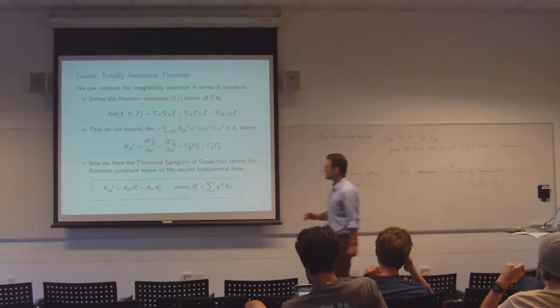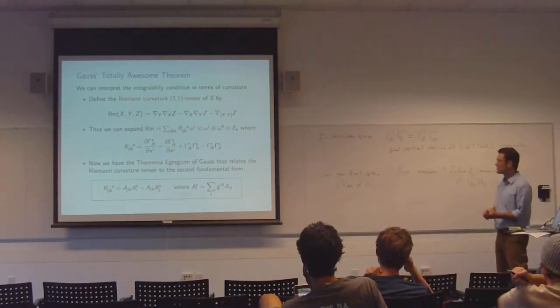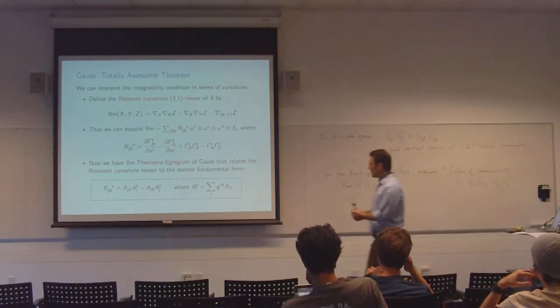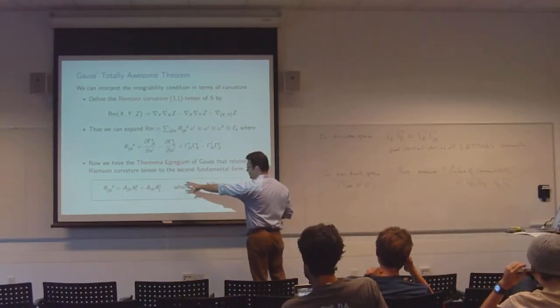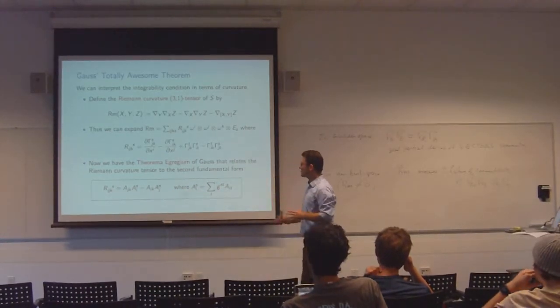Now the third point on this slide is a third interpretation for what the Riemann curvature tensor is all about. And that was discovered by Gauss. Not in this form, because he didn't quite know about Riemann curvature tensors just yet, but he came at it from a different way.